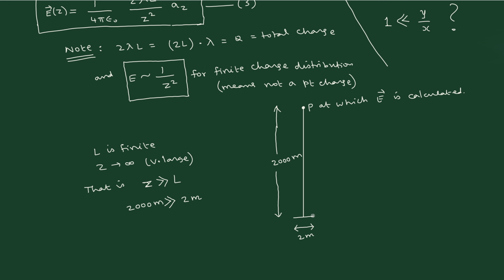Just imagine if you go 100 meters away and you look at the 2 meter long wire, you won't feel it like 2 meter. It will appear as a 1 inch small bit. And if you go further and further, up to 1 kilometer distance, practically you can't even see it. Even if you are able to see, it looks like a dot.